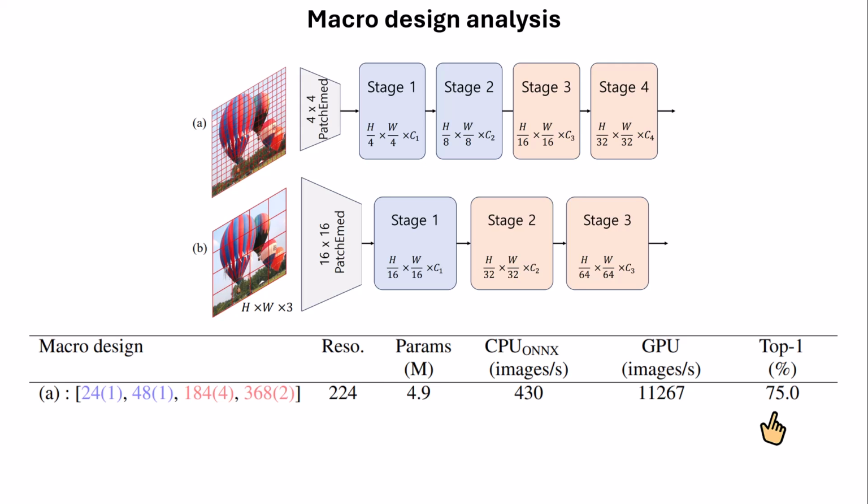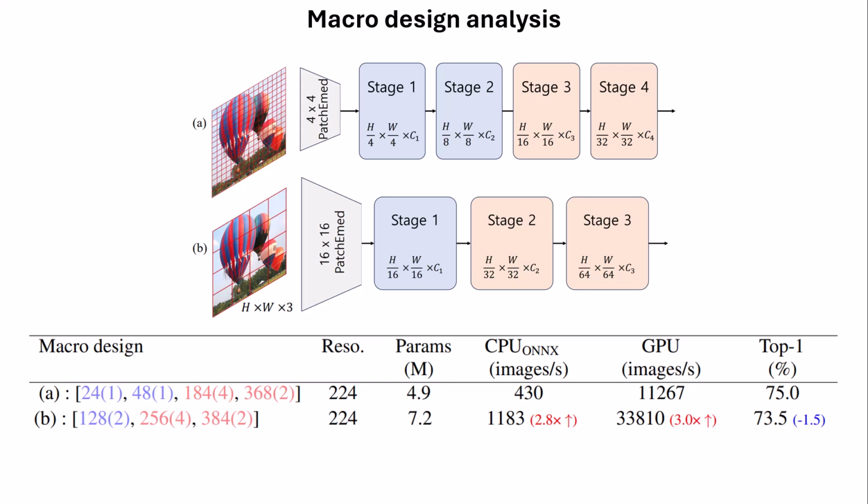But what about the second design? With the second design, you see that the throughput on CPU is 2.8 times faster, on GPU it is 3 times faster, but the top 1 accuracy is 1.5% worse. And some people might say 1.5% is a lot. I cannot accept that.